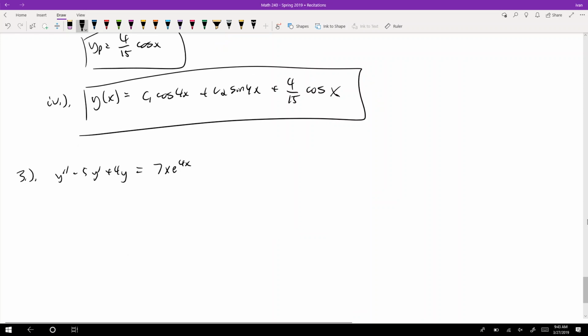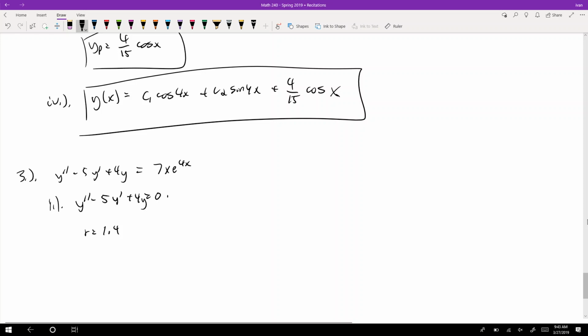So, for example, finding the homogeneous, y double prime minus 5y prime plus 4y equal to 0, we know all we need to do is look for the roots, right? So you'll get r is equal to, and then you can just factor this, and you'll get r is equal to 1 and 4. So those are the roots of that equation.